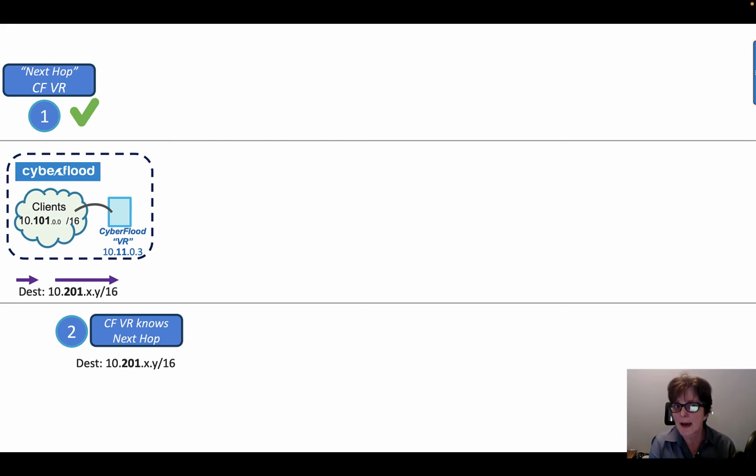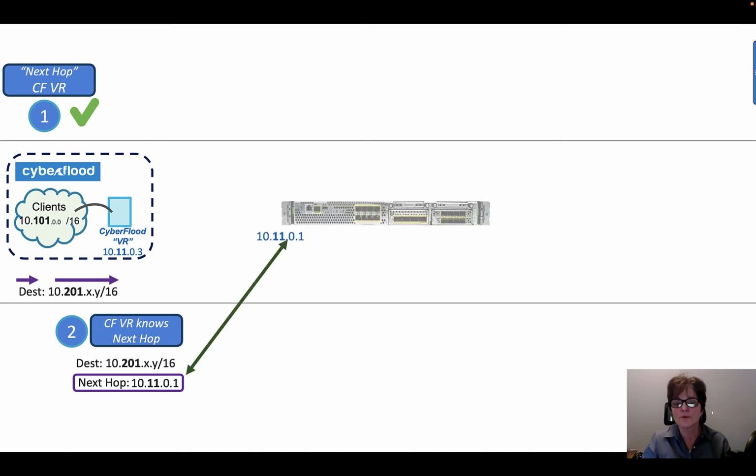That's like a static route. Is that properly configured? What is the next hop? From our perspective, we want the next hop to be the next generation firewall, in my case a Firepower 4120, at IP address 10.11.0.1.